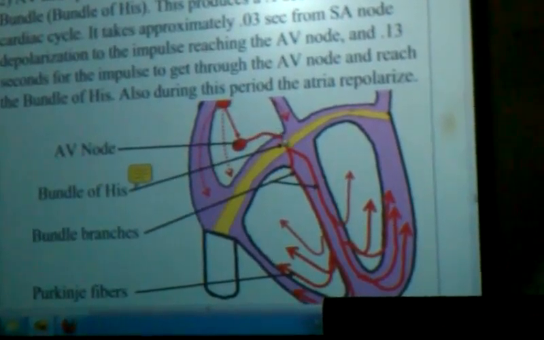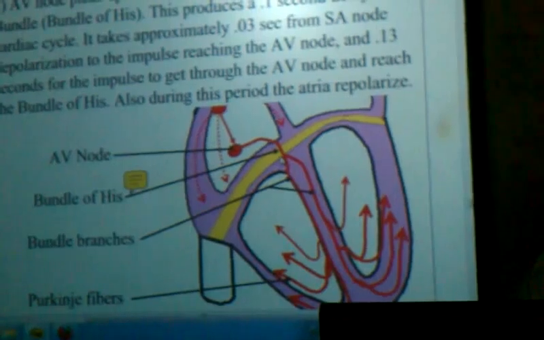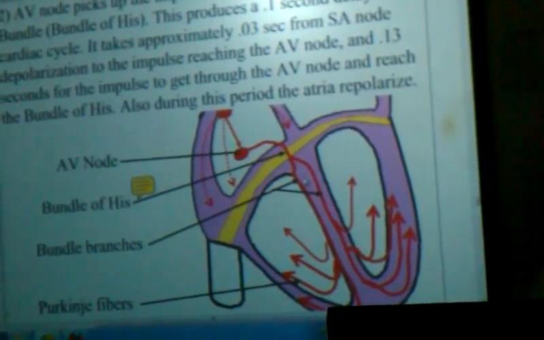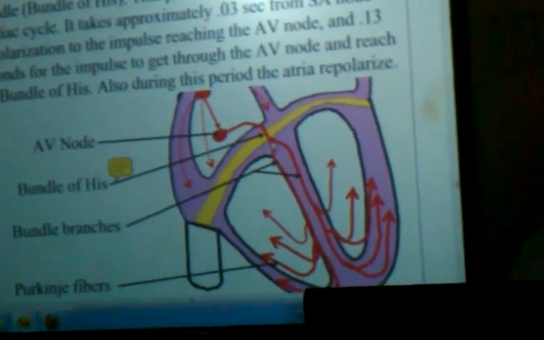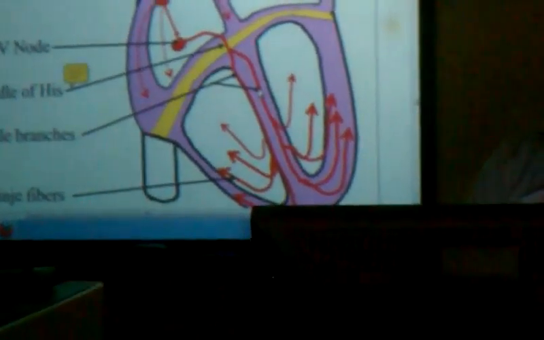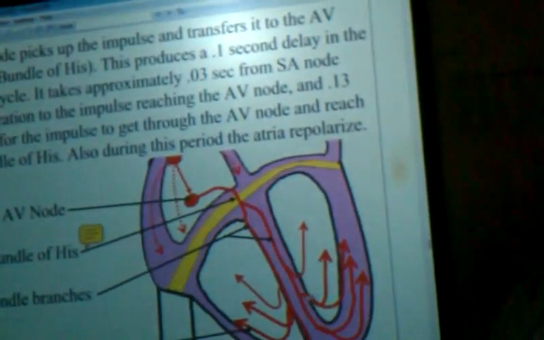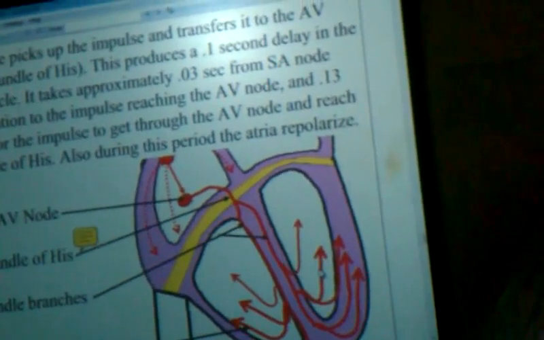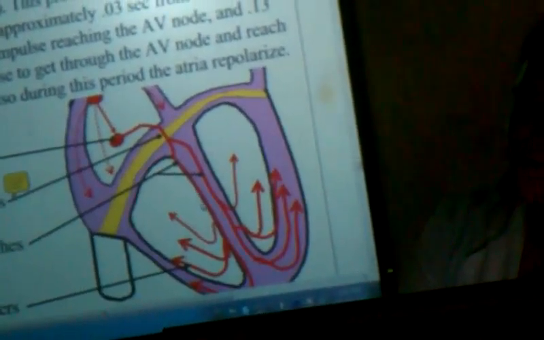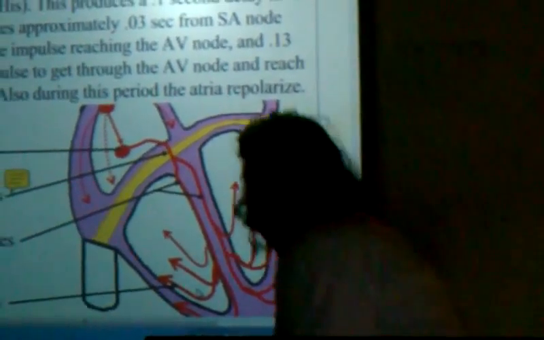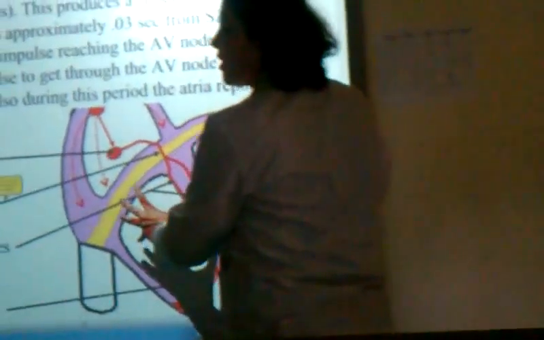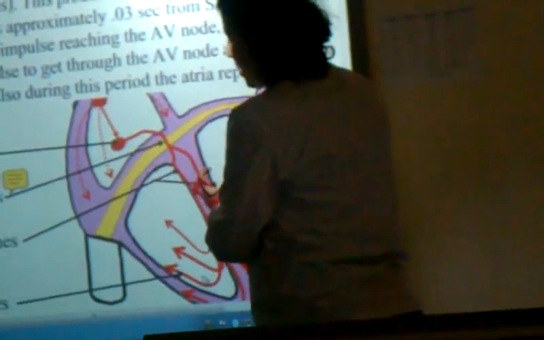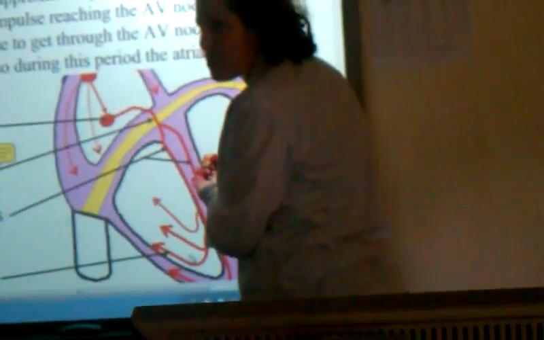Okay? Right there. Once it crosses into the ventricles, it travels down the right and left bundle branches and into these Purkinje fibers. Remember, this is an electrical current. Once the current goes into the myocardium of the ventricles, they contract, and we have ventricular systole.